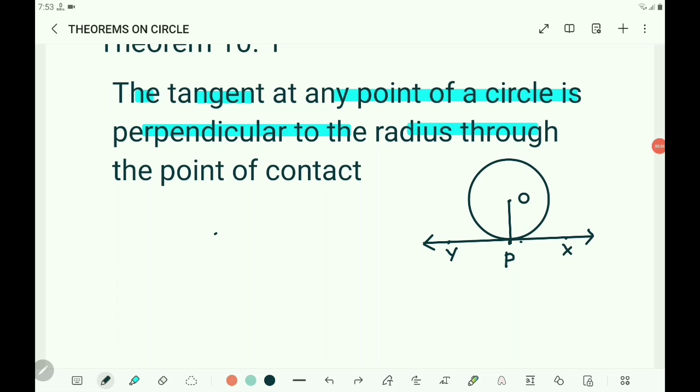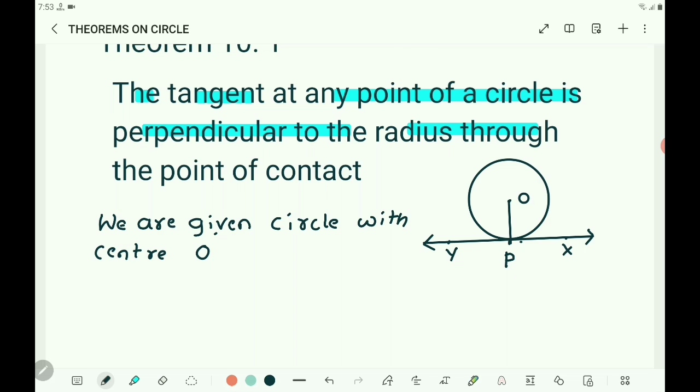We are given a circle with center O, and XY is a tangent to the circle at P.